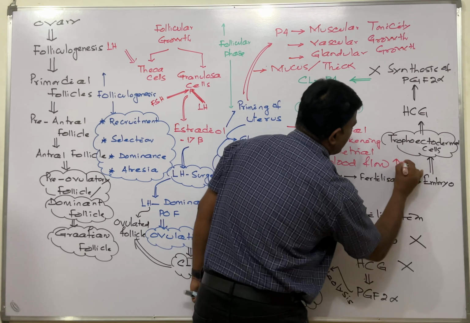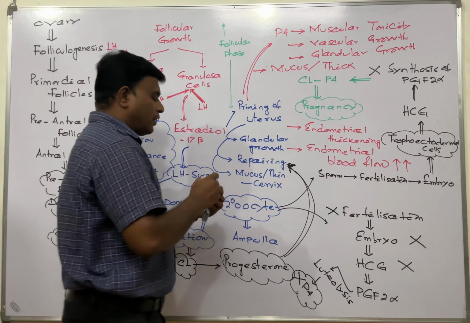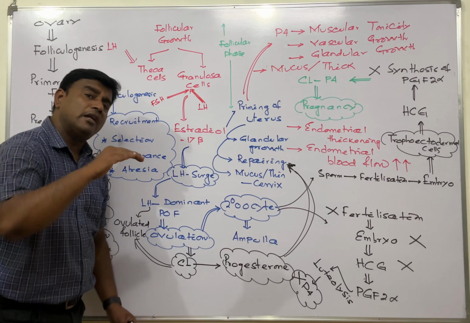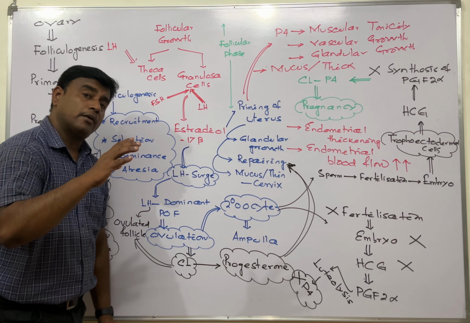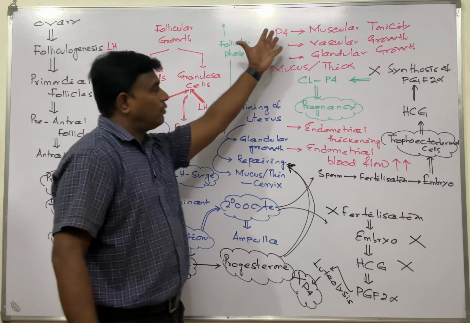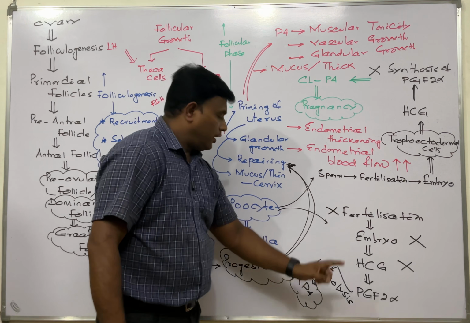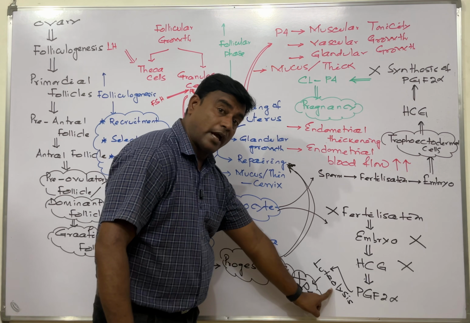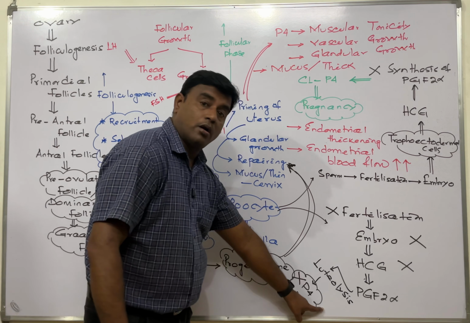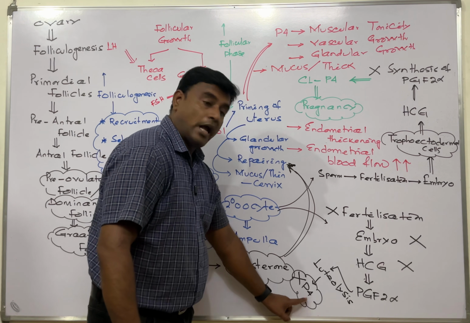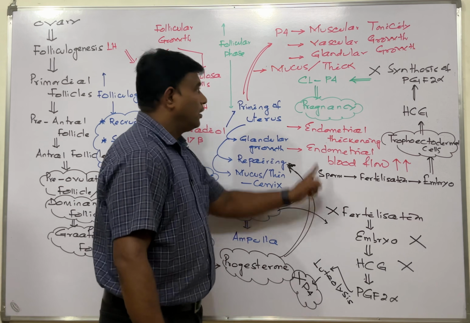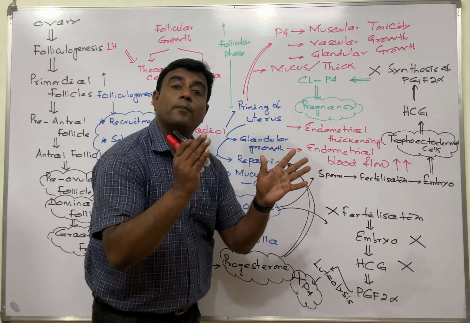That's the point. And it causes the myometrium to remain silent. It should not contract. And this vascular and muscular growth, whatever you are seeing, in the presence of luteolysis, the corpus luteum is gone, progesterone is gone. And once progesterone is gone, these changes set in.